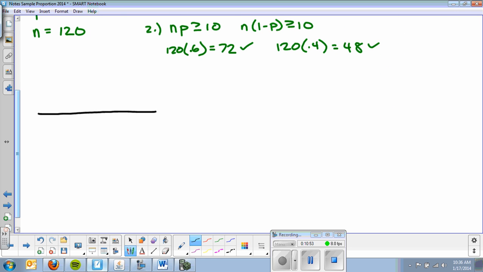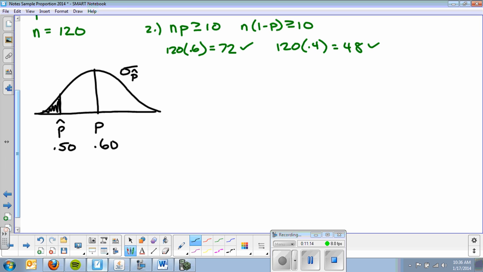Remember, the sampling distribution is approximately normal. It has a mean of P, and in this case my P hat is below. So I had a mean of 0.6, and I want to know the probability of being 0.5, 50% or less.